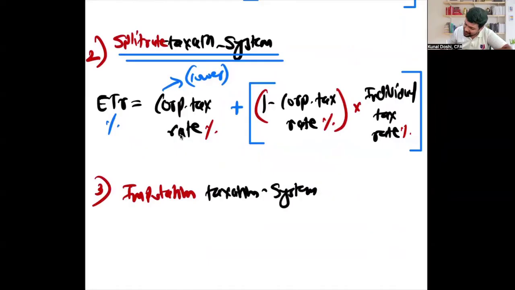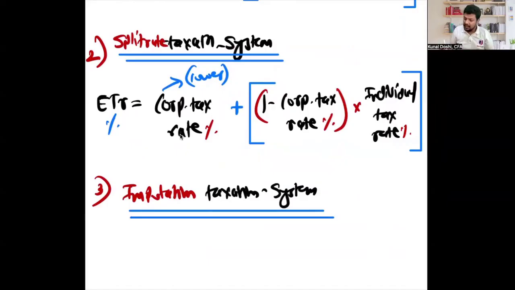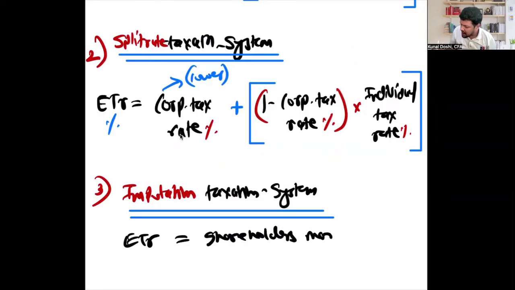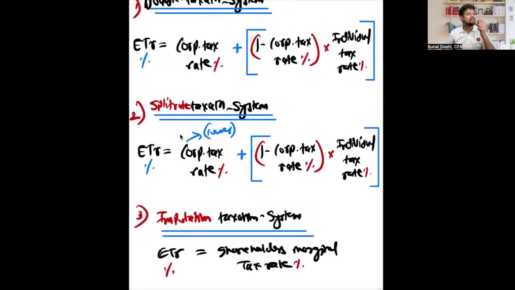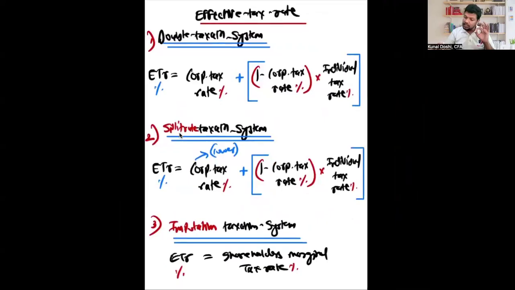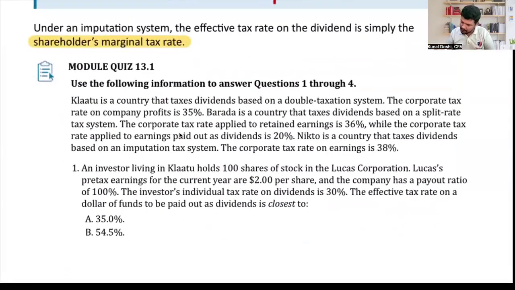Because whatever is the extra is adjusted in such a manner that the effective tax rate is equal to the shareholder's marginal tax rate, meaning the shareholder's actual income tax rate. Understood? It has to be exactly the same. If you paid more, you'll get a tax credit. If you paid less, then you will have to pay that difference. Understood? Let me show you all three through the example out here.